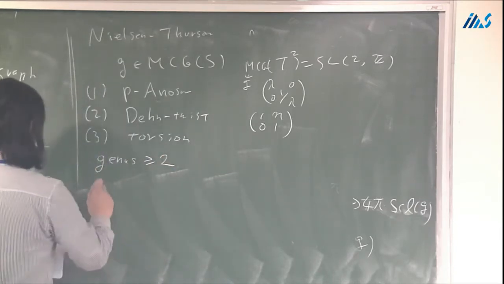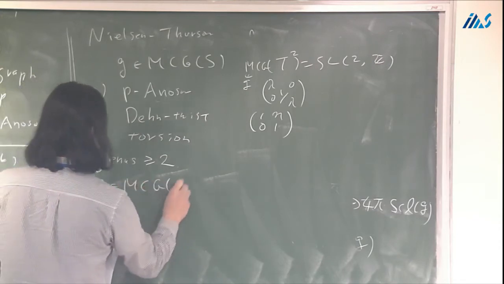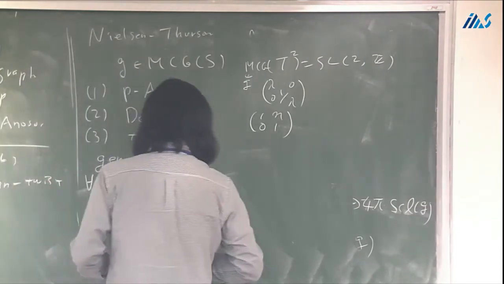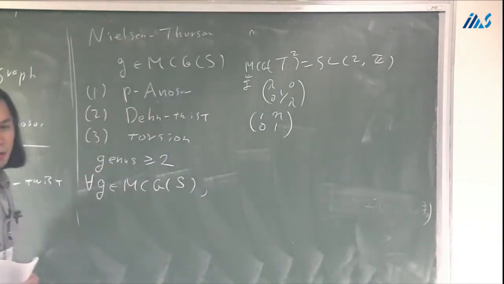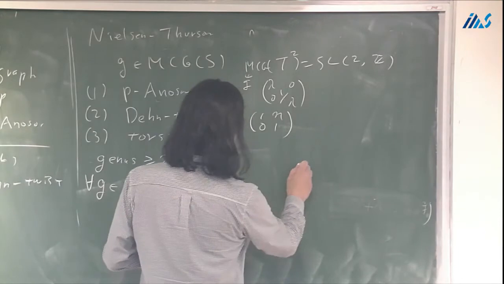So if you have any element G in the mapping class group of a surface, it's going to be like a Jordan normal form for matrices.